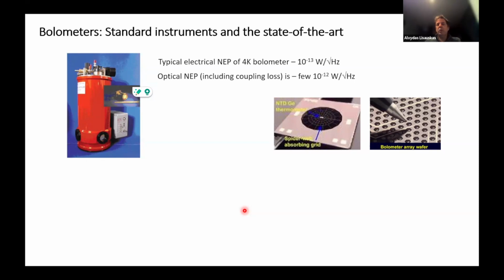What is usually cited is that those bolometers typically have an optical NEP, for commercial devices, of a few picowatts per square root hertz, but their electrical NEP, measured by the load curve and coming from responsivity and enthalpy fluctuation, is down into hundreds of femtowatts per square root hertz. So there is a huge difference, more than a factor of 10, between what is electrically limited for that device and what you can get commercially.